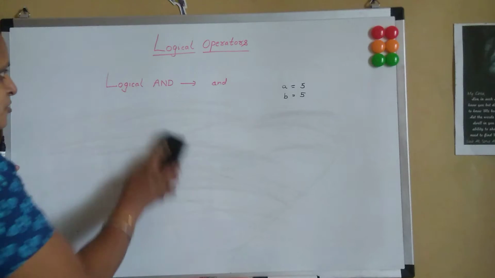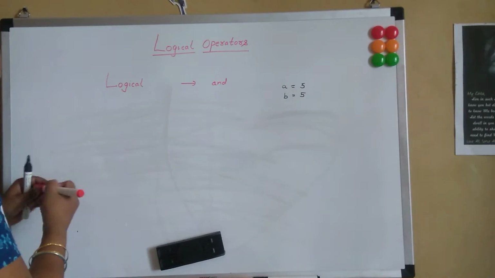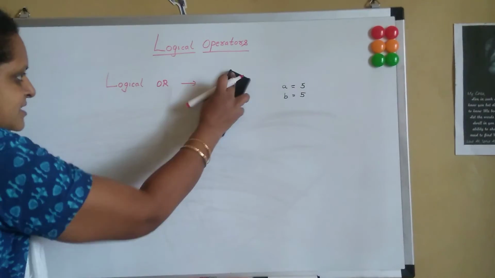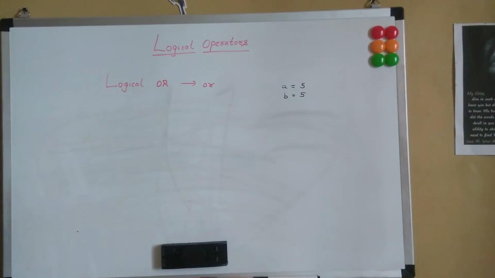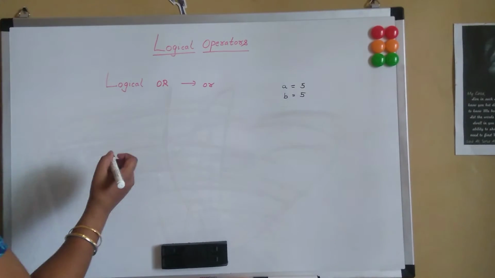Now let's move on to the logical OR condition. Logical OR is represented by small "or". For this, let me take my A and B as 5 and 5.